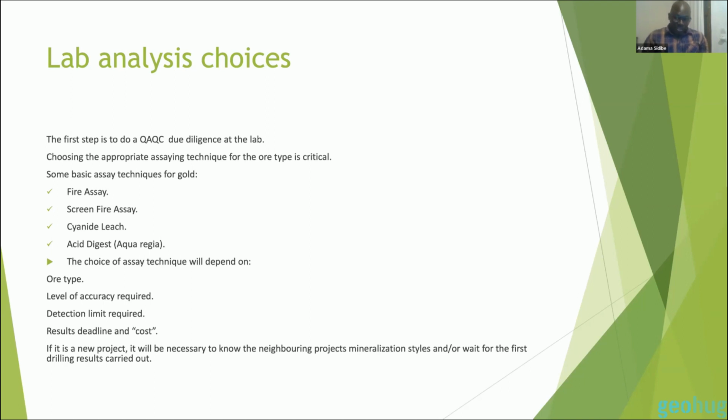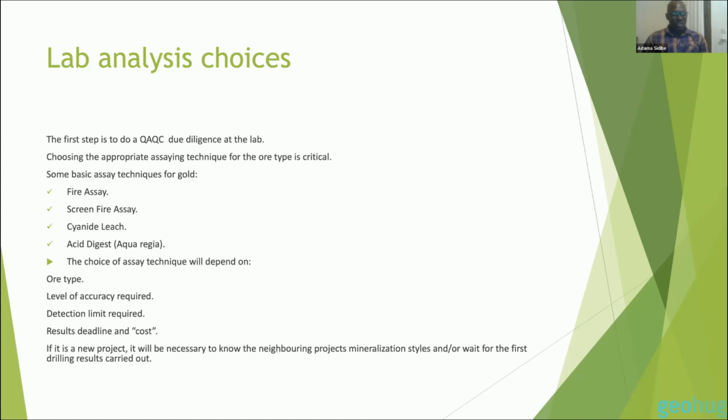If the project is at the early stage, it will be necessary to know the neighboring project mineralization style and wait for the first drilling result. As I said above, metallurgical tests are required to determine particle size.